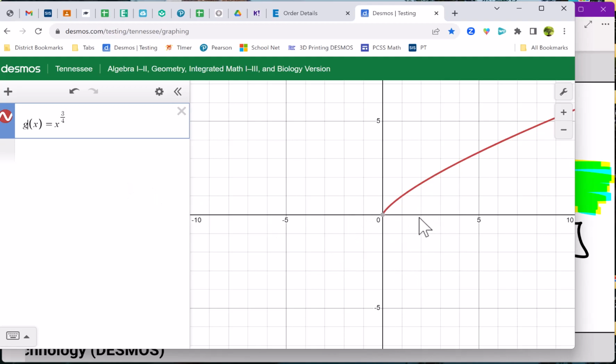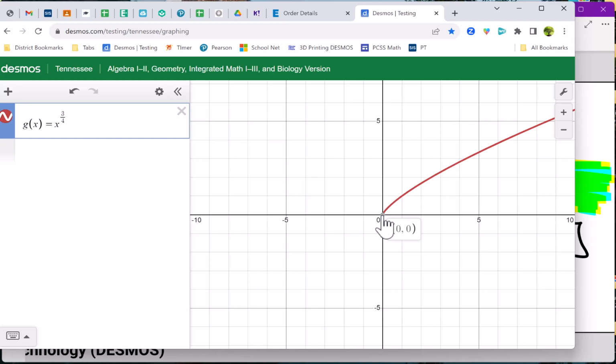Now, do you guys see any value that would be 0? It's this first one right here. You see it? Okay. So the value of x that makes the function 0 cannot be included in the domain. I'm going to say that again. If you plug in x equals 0, your y is 0.